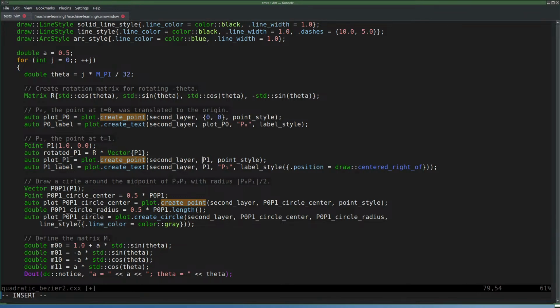So we have the row. Wait a minute. I'm gonna make this a point. And we just have this and then turn it into a point again. It's really ugly, I'd say. But yeah, I cannot allow automatic conversions, I think, in this case, from vectors to points.